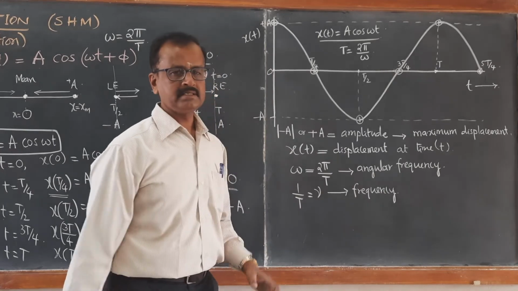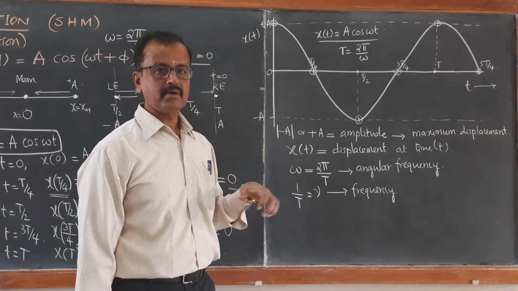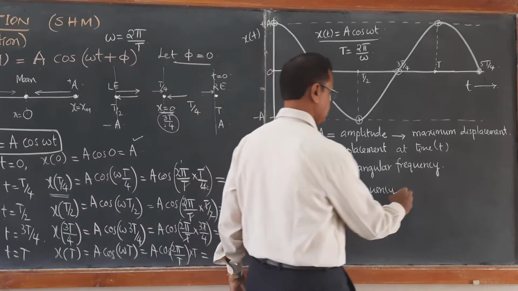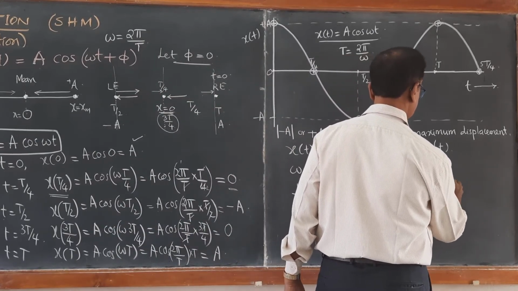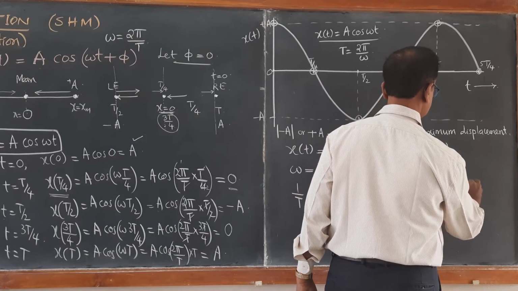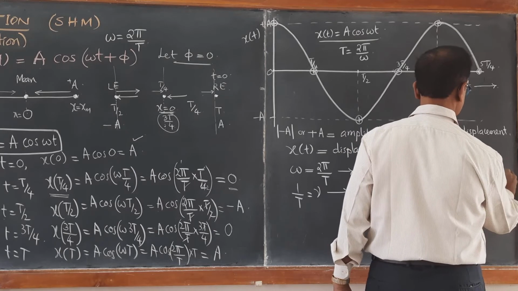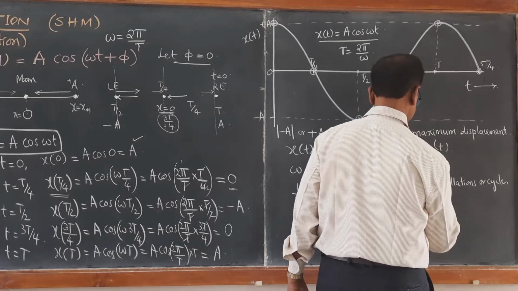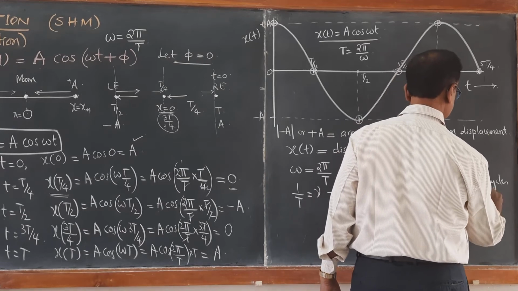Frequency is defined as the number of cycles per second, or the number of oscillations per second, which is measured in hertz.